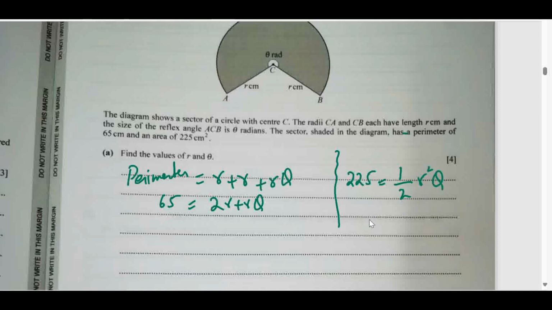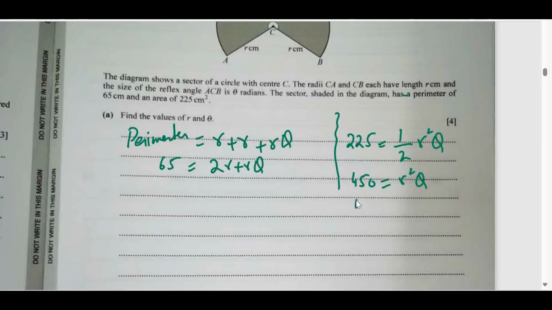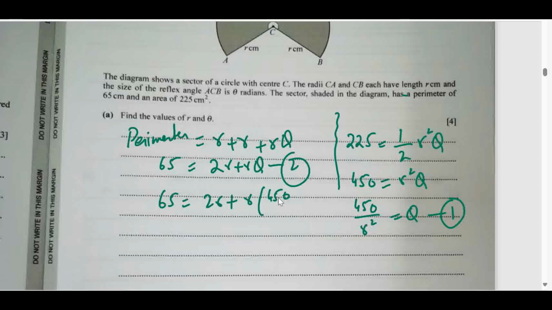And from here we can say that 450 is equals to r square theta, and theta will be equals to 450 by r square. Just put equation 1 in equation 2, we will get 65 is equals to 2r plus r into 450 by r square.